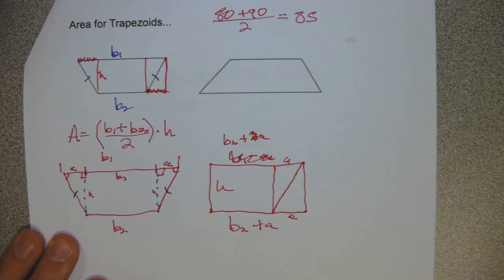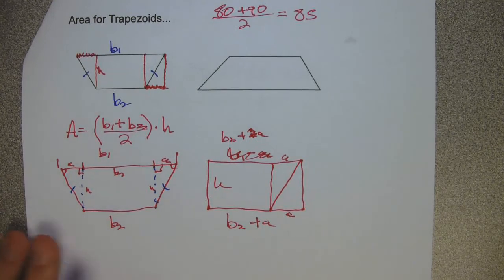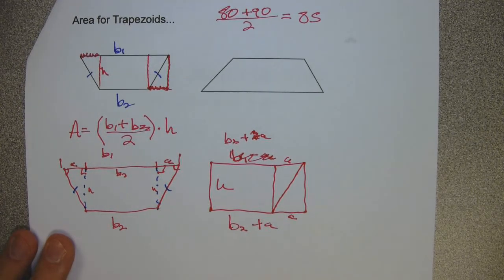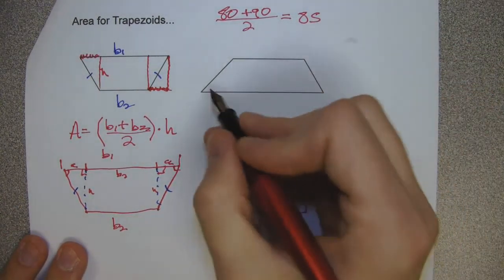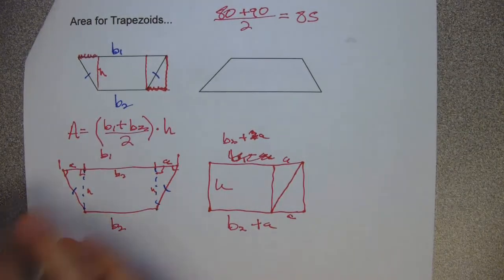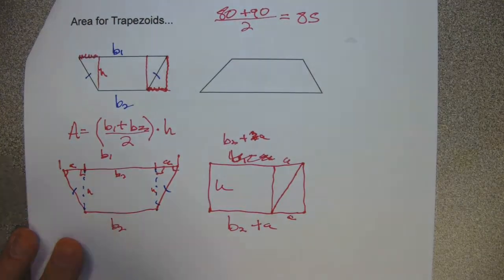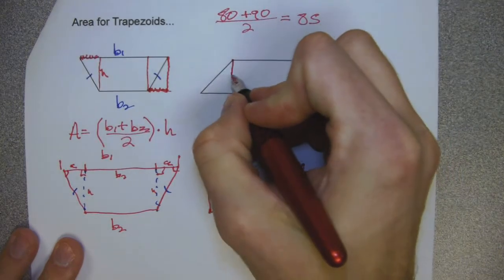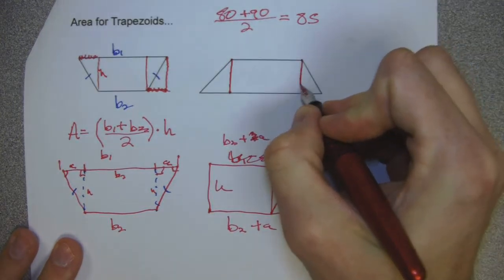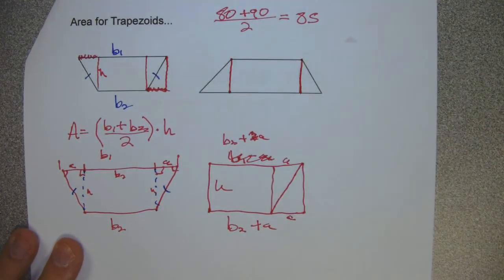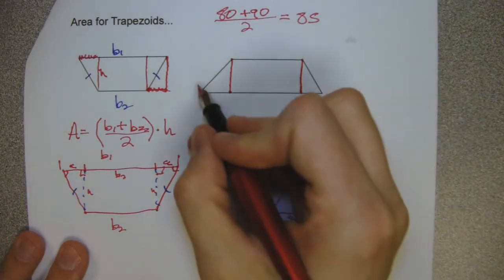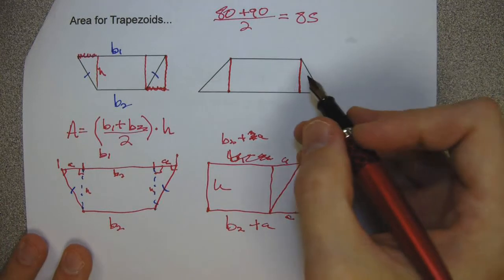Let's take a look at this trapezoid. We could do basically the same thing. The only difference is we know that these 2 different angles are different, right? This is a non-isosceles trapezoid. So one way we could do it is when we cut these triangles off, instead of simply moving one to the other, here's one way we can do it.